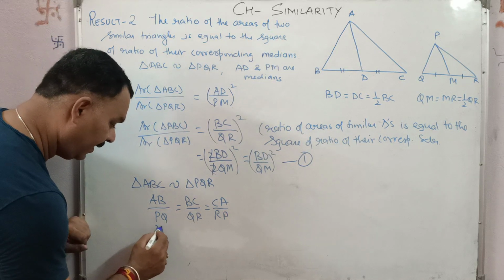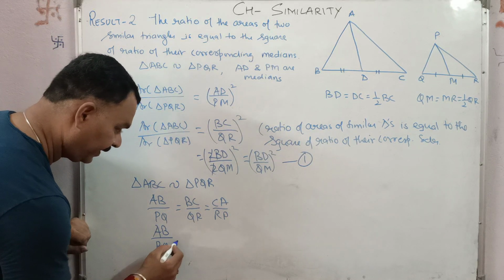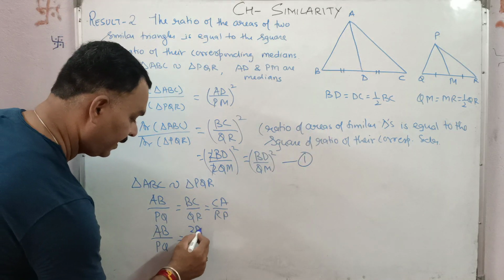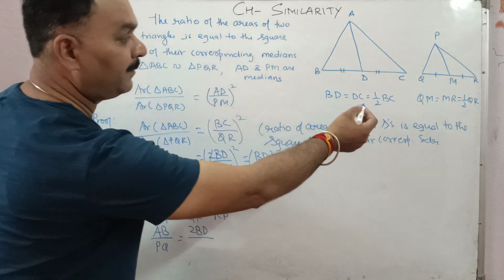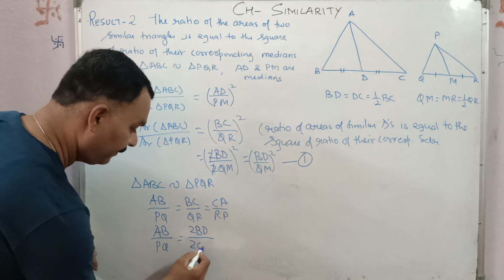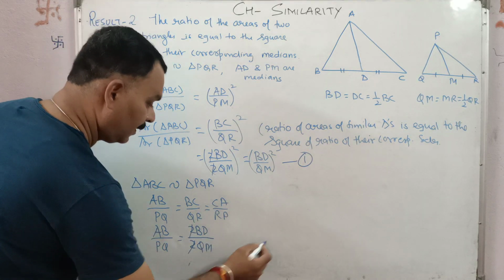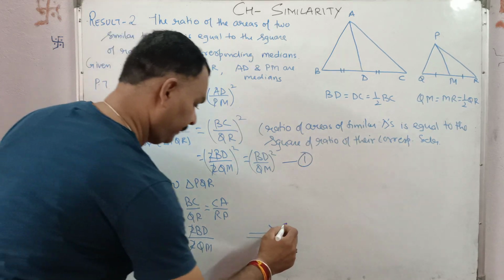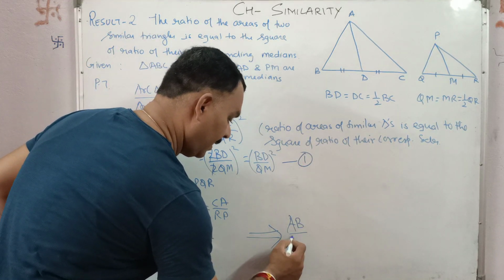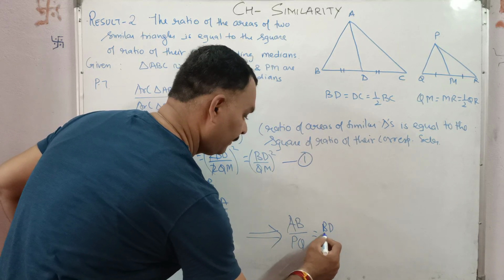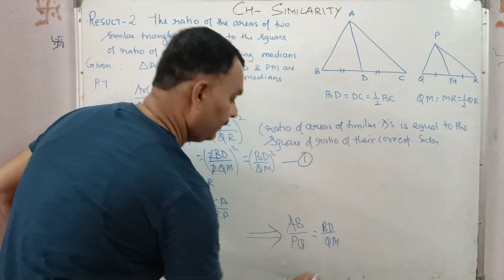Now in place of BC I am writing twice of BD, and in place of QR I am writing twice of QM. 2 cancels out, so this implies AB upon PQ is equal to BD upon QM.